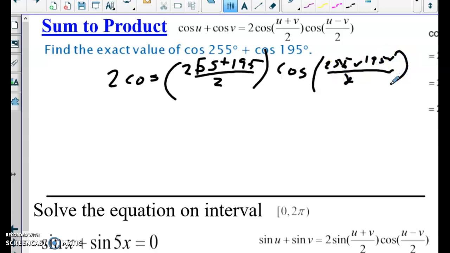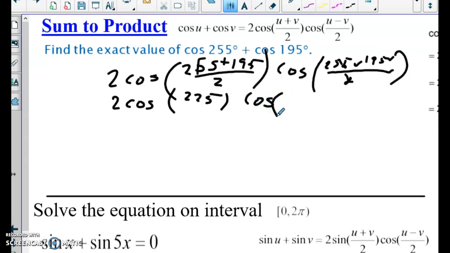And if I do a little bit of simplifying here, this makes it easier. If I take 255 plus 195, I get 450. I'm going to have to use my calculator. 450 divided by 2 is 225. Hey, that's on our unit circle, that makes it easier.